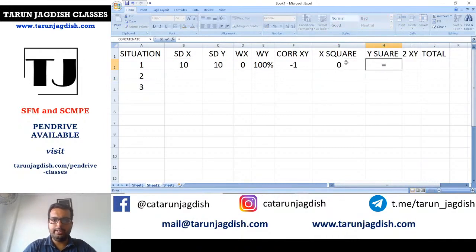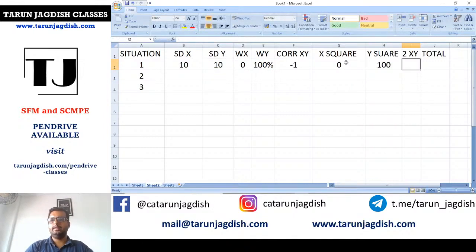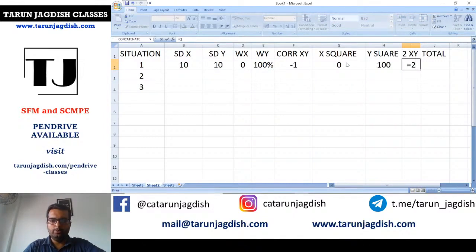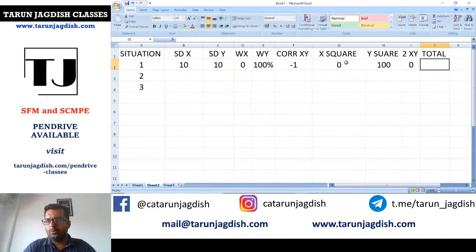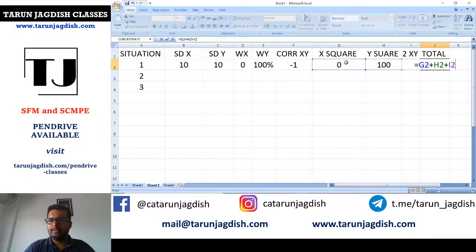Alright, this will be standard deviation Y into the weight of Y the whole square. Alright, this will be 2 into standard deviation X into standard deviation Y into weight of X into weight of Y into correlation of XY. Once I get this, this will be nothing but this plus this plus this the whole square root. Am I right? So I'll start with an equation square root of this.